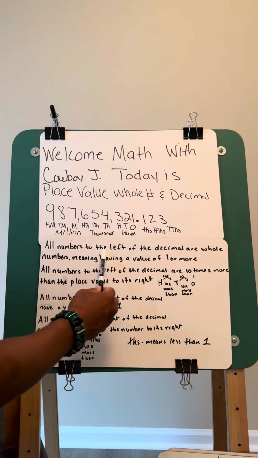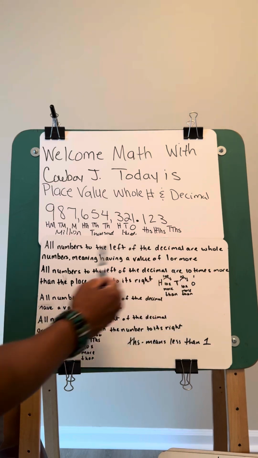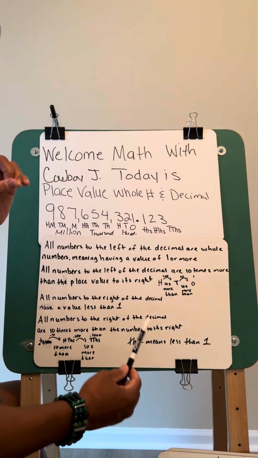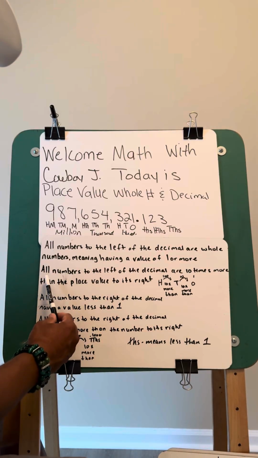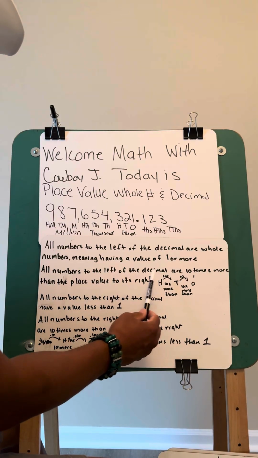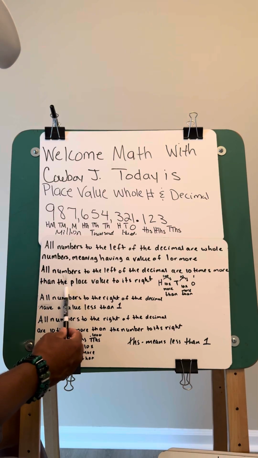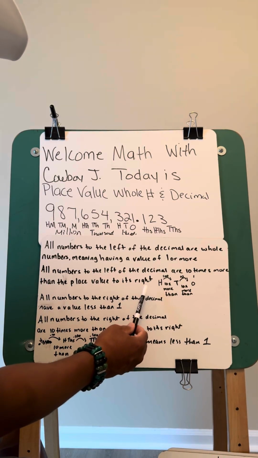All numbers to the left of the decimal are whole numbers, meaning they have a value of more than 1. All numbers to the left of the decimal are 10 times more than the place value to their right.